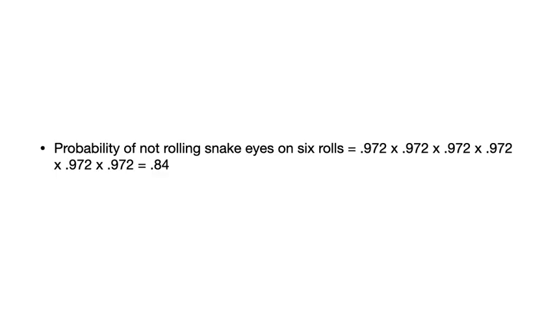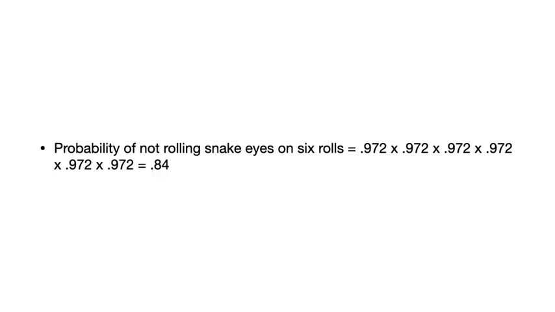This is rough. This is close. This is not exact because we drop off a few of the decimals. But roughly the odds of not rolling snake eyes, 0.972 or 97.2%, right? We multiply that out. 6 rolls. What are the odds that you roll 6 rolls and don't get snake eyes at all?